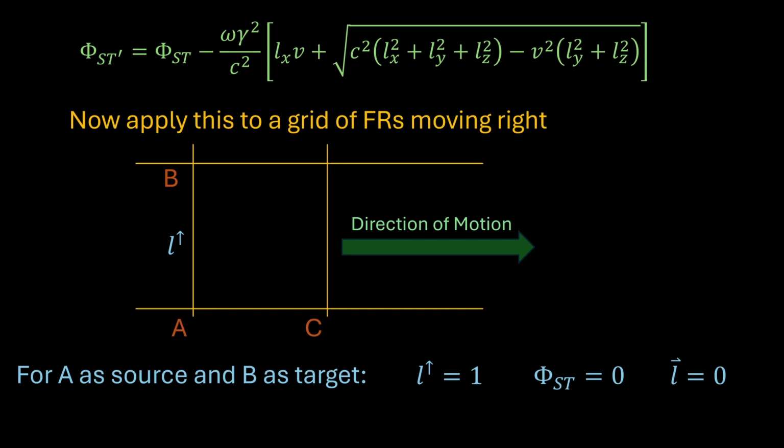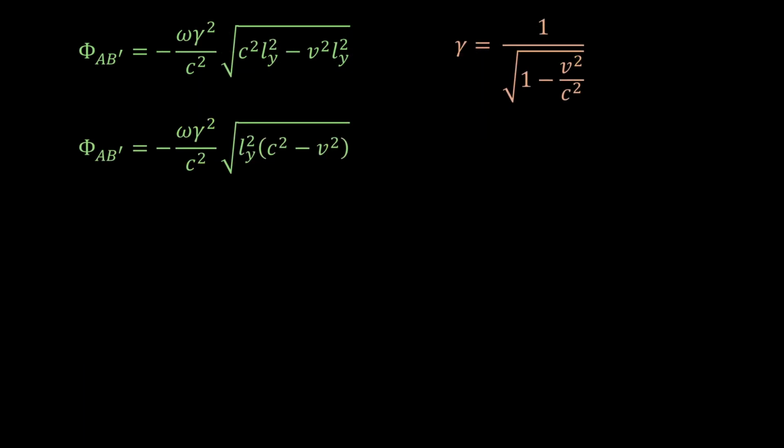The initial phase difference, phi st, is 0 because the phase gradient is in the rightward direction. The general expression then reduces to the one shown here, and we can factorise the bit in the square root as shown.